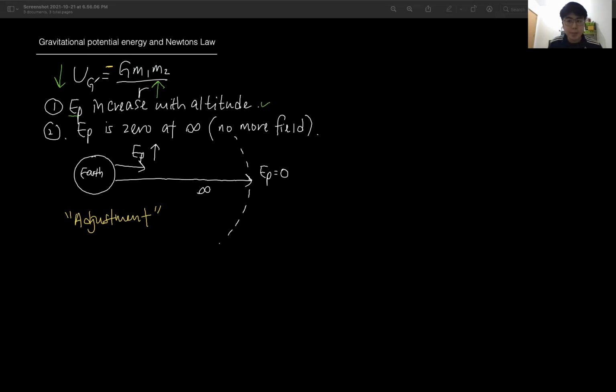It approaches 0, right? It gets less and less negative. If I increase the value of R, this whole fraction gets less and less negative. In other words, it approaches 0. Eventually it is going to hit 0 if I keep on increasing R.